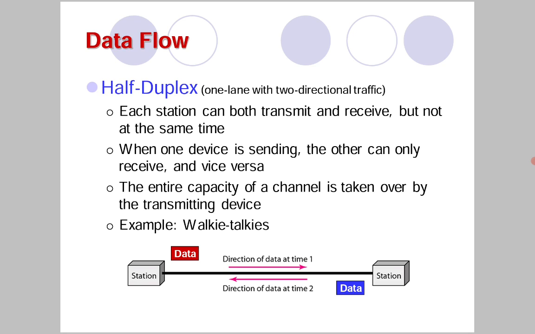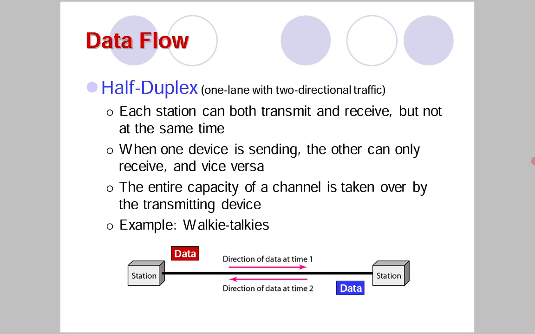Both sender and receiver can transmit the data or information by using the channel. But when the sender is transmitting, the receiver only receives the data, and similarly vice versa. The full capacity of the channel is taken over by the transmitting device. Examples are walkie-talkies.